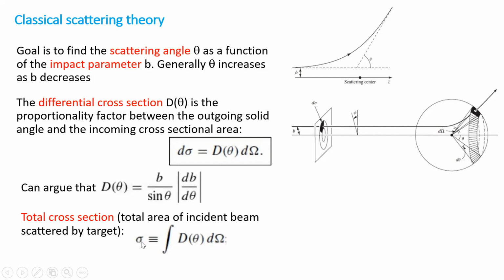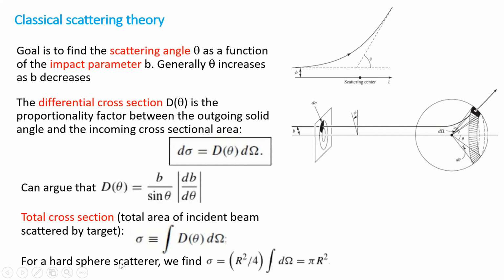We get that by integrating d sigma, where d sigma is D of theta d omega. So we integrate over all angles, and we get the total cross section sigma, the total amount of area of the incoming beam which is deflected by some amount by the scattering center.